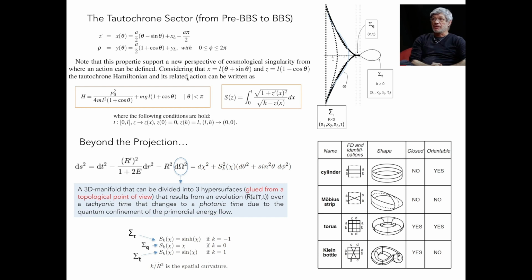From a technical point of view, we then have the 3D manifold that can be divided into three hypersurfaces, glued from a topological point of view, that results from an evolution over a tachyonic time that changes to a photonic time due to the quantum confinement of the primordial energy flow.